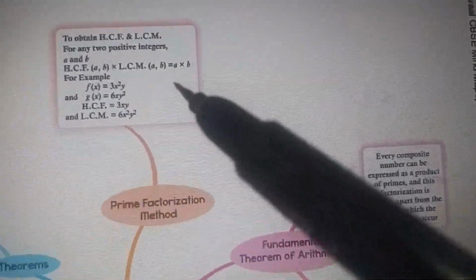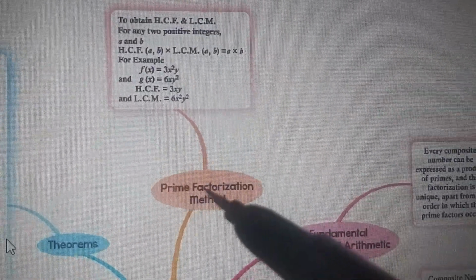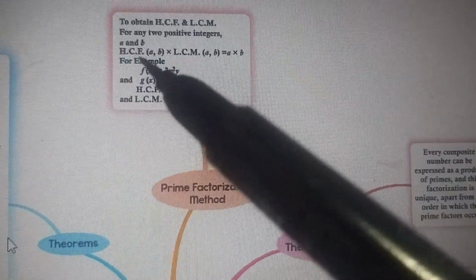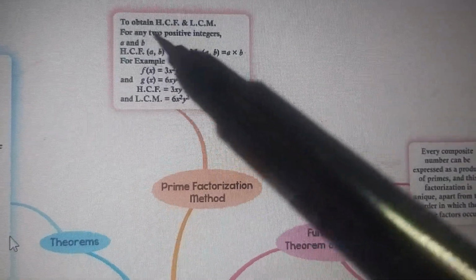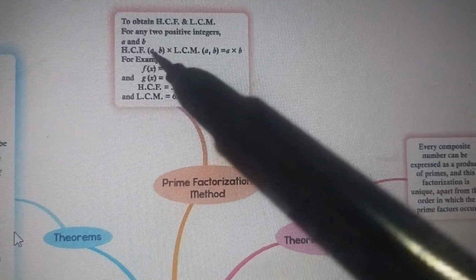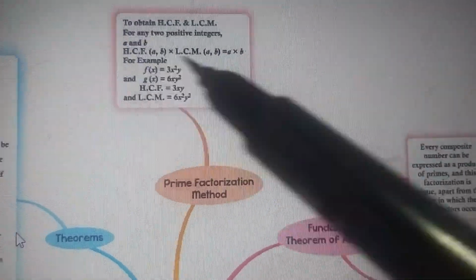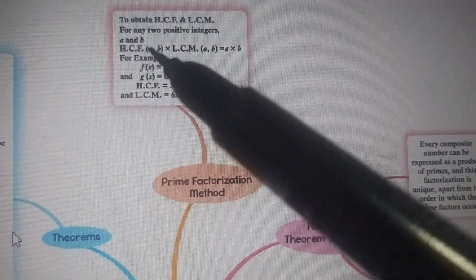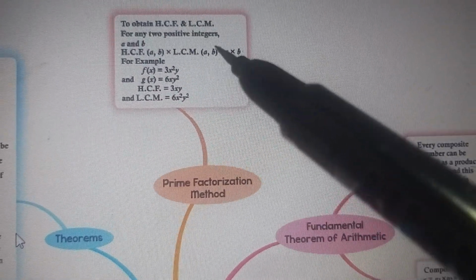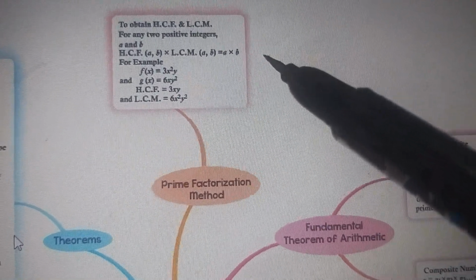Now LCM and HCF, prime factorization methods. What are the two methods we have? To obtain HCF and LCM of any two positive integers, what is the formula? The product of HCF and LCM is equal to the product of the two numbers.